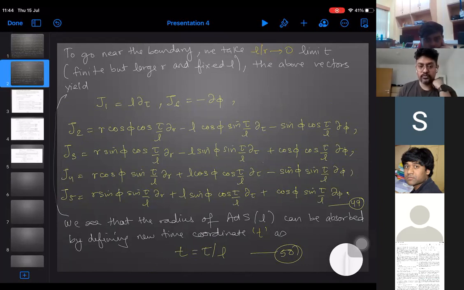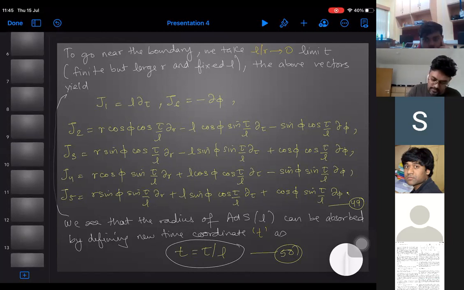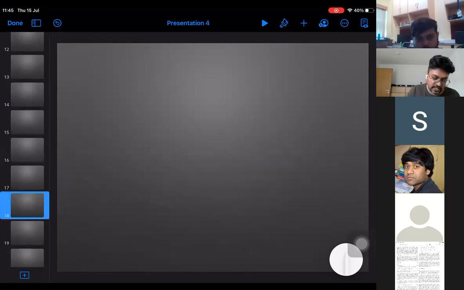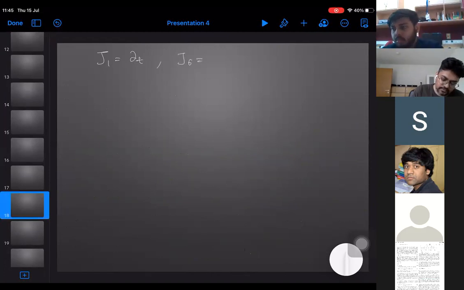Now, next, what we will do, we will take the radius of this AdS, which is the L, and absorb it in a new time coordinate, which we denote by T, given by this equation: T goes to tau by L. Finally, if you do this, then your generators just become this.